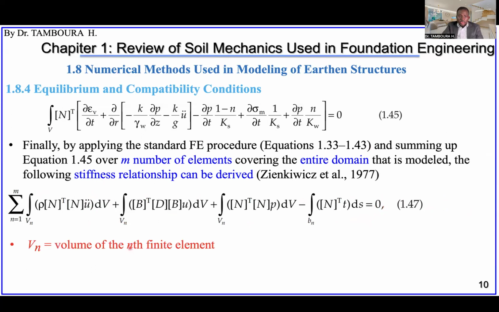Okay, so Vn, that one is Bn. From here to here, Vn is the volume of the nth finite element. Okay, the element number n, the volume. We integrate the volume.